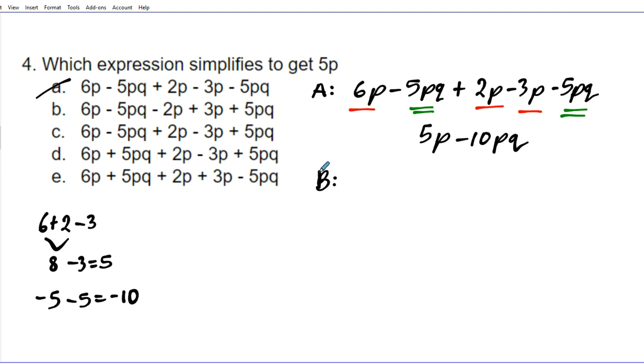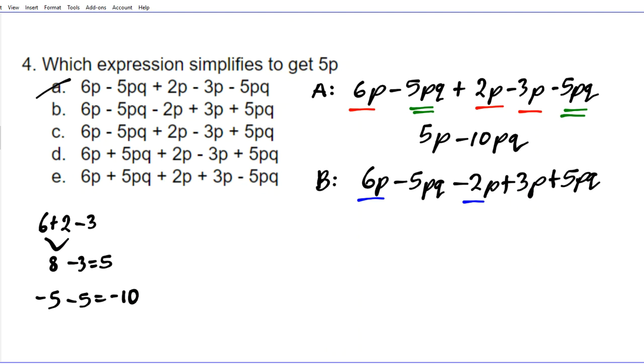Let's look at B. For B, we have 6p minus 5pq minus 2p plus 3p plus 5pq. Okay, so we're going to combine like terms. 6p minus 2p plus 3p.